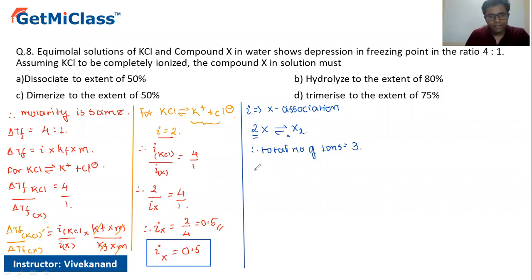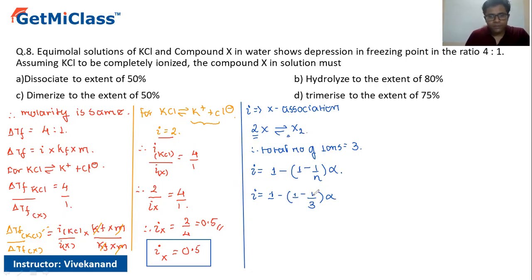Now we have the expression i is equal to 1 minus (1 minus 1/n) alpha. Alpha is what we need to find out.